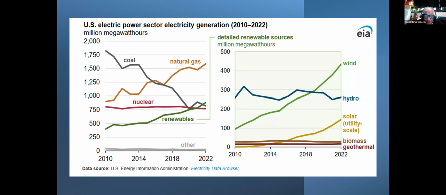Renewables have gone up to offset that. But nuclear is flat in terms of the sources of energy production. In terms of renewables, you can see that wind has gone up to being the highest. After that, hydro stays flat since there are no new power plants. Solar has gone up, biomass is flat, and geothermal is flat.